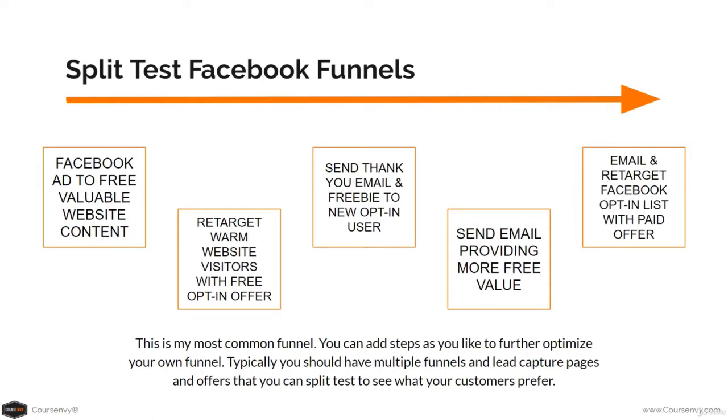I'm building that trust and rapport. Finally, I will email and create a retargeting Facebook campaign of this opted-in list with the paid offer, my paid course, or my paid services. See how the relationship has been built as the customer works down this funnel? We're working them from cold to warm to hot.